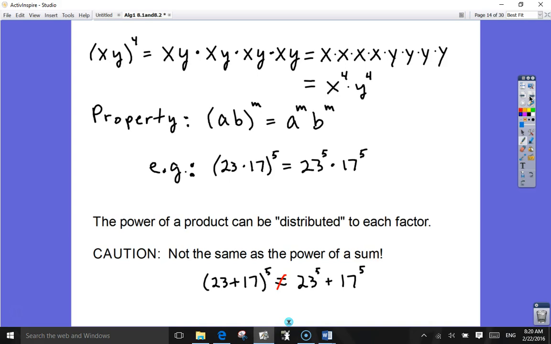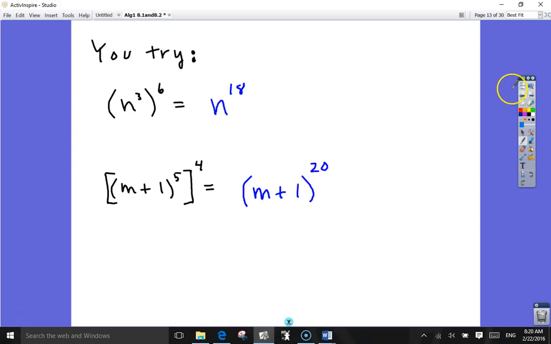Now, we make a lot of mistakes with this, not just you guys. Math students make mistakes with this all the time. Like here, does that mean I can say m to the 20th and 1 to the 20th? And the answer is no, because these two are not multiplying each other. They're being added together.